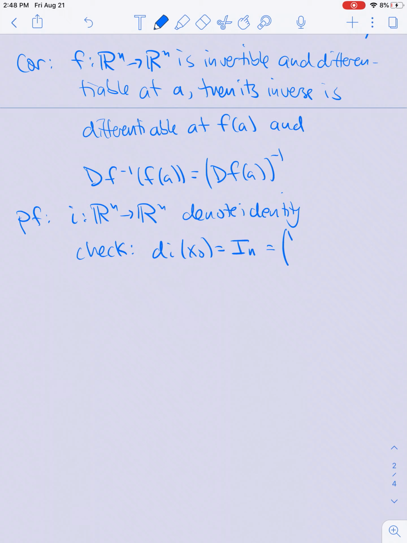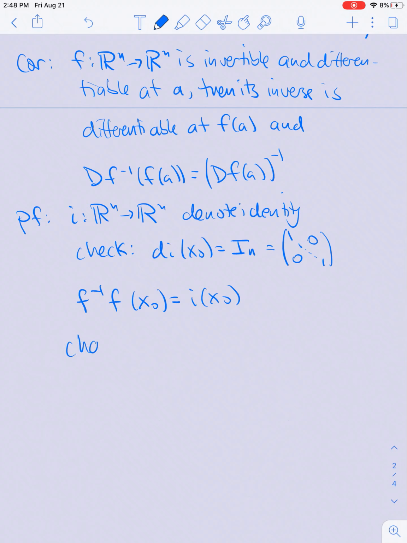So this is 1, and then the rest are zeros. It's an n by n matrix with just ones along the diagonal. So we know f inverse composed with f at x naught is equal to I at x naught.